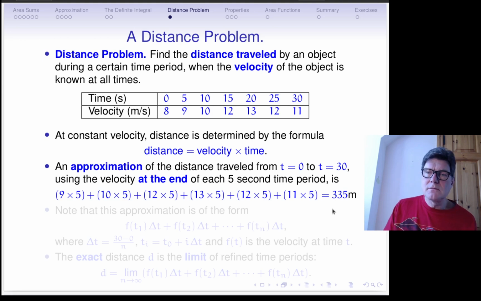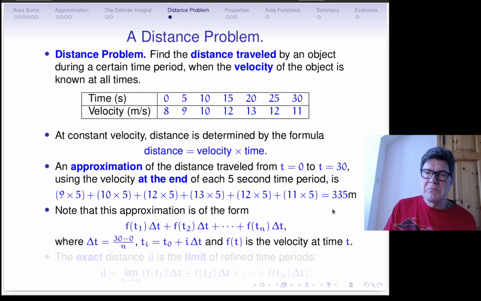And if this looks familiar, this is because this approximation is a sum of products of a form that we've seen before in a different context. It has the form f of t1 times delta t plus f of t2 times delta t, and so on, f of tn times delta t, where the delta t is the 30 seconds split into n time periods of equal length, 5 seconds in the example we looked at.